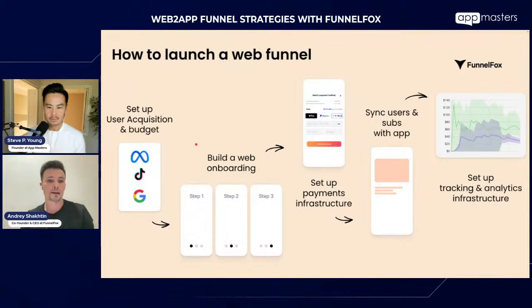The second part is you need to build web onboarding, and web onboarding is a pretty important thing. It's usually a sequence of web pages, like mobile screens. It could be the onboarding that you have in your mobile app, or it could be something different depending on segments, depending on your audience, and so on.